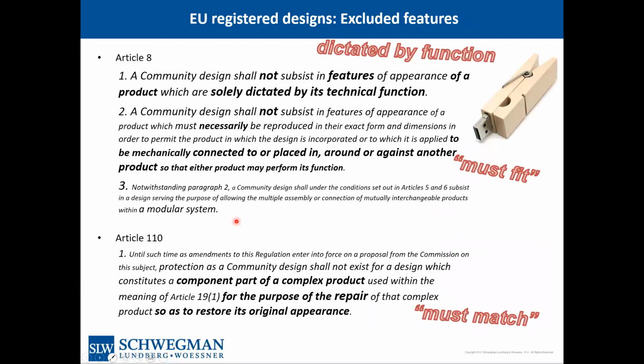If you are the person creating something that is a modular system, be it furniture or toy blocks or something like that, if you're designing both of the things at the same time, you may be able to protect that. So we'd have to look at that.